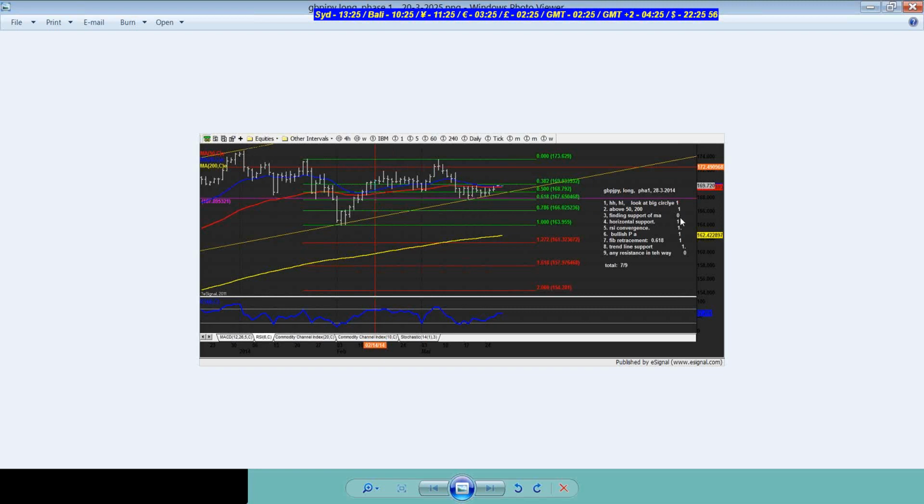Finding support off the moving average. Horizontal support. RSI convergence. Yeah. Bullish price action. Fib retracement. Look, you make an argument. I wouldn't put my house on it, but you make an argument. Diminishing range.